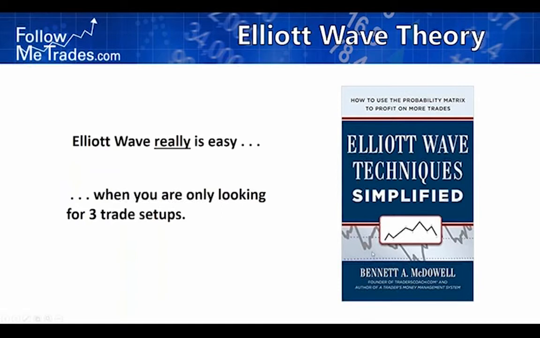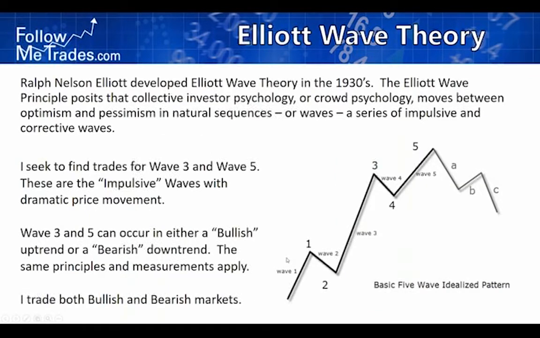And simplified is the key word here. We're only looking for 3 trade setups, right? So here's the Elliott Wave pattern stylized, a 5-wave pattern and ABC correction, right? Interesting that Ralph Nelson Elliott developed this about the same time that Goichi Hosoda was working on the Ichimoku Cloud, okay? And all Elliott's saying here is, in observing hundreds and thousands of charts, what we seem to see is that there's a collective investor psychology or crowd psychology that moves from optimism to pessimism in natural sequences or waves.